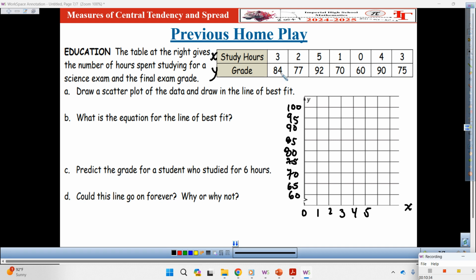Here we go. 3, 84. 3, 84 is about right there. 2, 77, 2, 75. 77 is about right there. 5, 92, 5, 95, 90. 92 is about right there. 1, 70. 0, 60. 4, 90. And 3, 75.